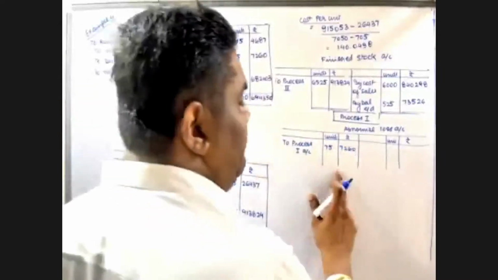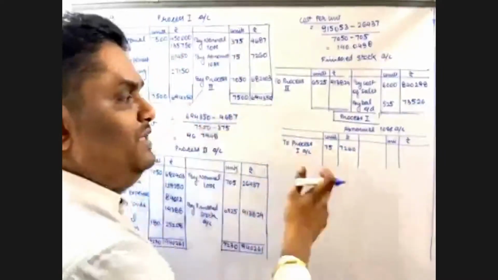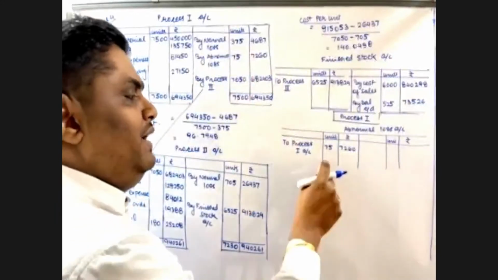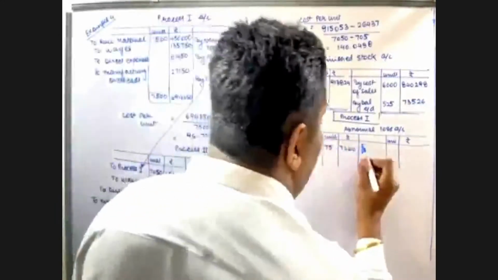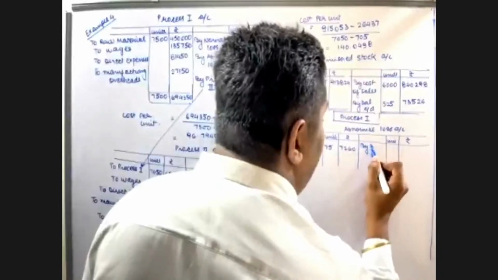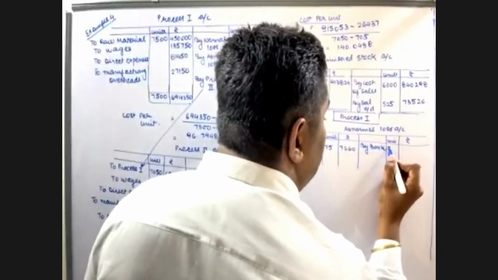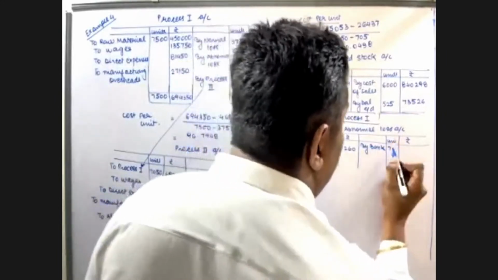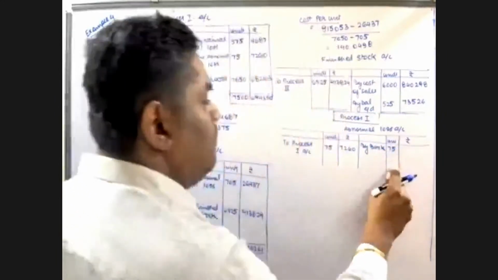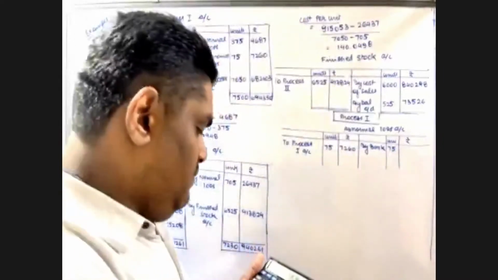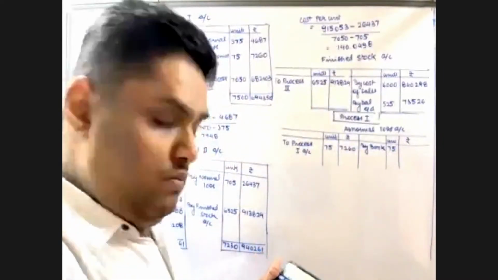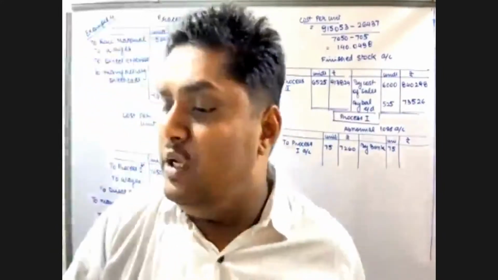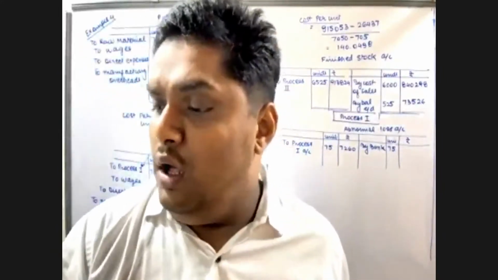Now we'll assume, as I have already discussed, that just like the units of normal loss that are sold in the market, these 75 units will be sold in the market at the same rate. It is given in the question.